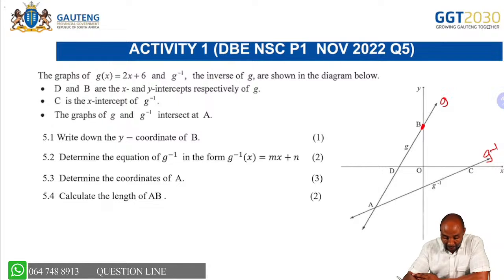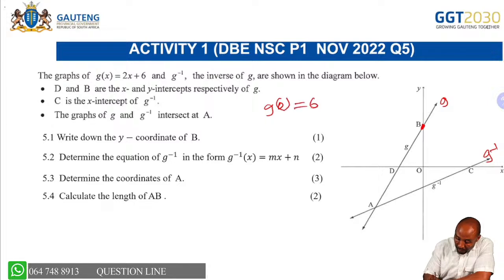The graphs of g and g inverse intersect at A. Now, we are supposed to write down the coordinates of B. If you check, B is the y-intercept of g of x, and you are able to see that it is going to be g of 0. You put 0 there, so our g of 0 is going to be 6, and we get our coordinates of B as (0, 6).